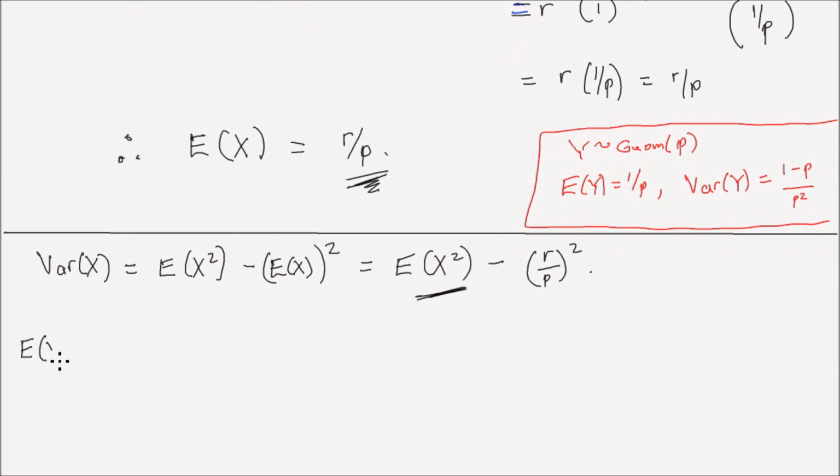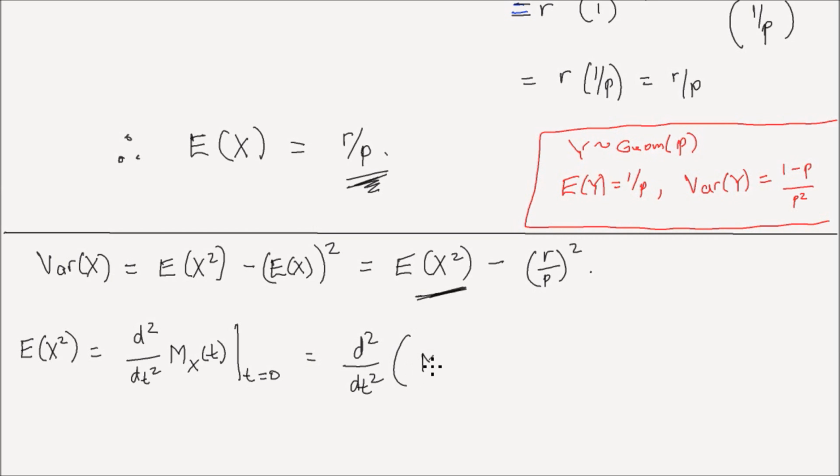The second moment is the second derivative of the MGF, M_X(t), evaluated at t equals 0. And that is equal to the second derivative of the MGF, which is M_Y(t) to the power of r, evaluated at t equals 0.